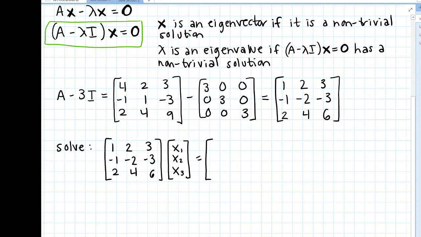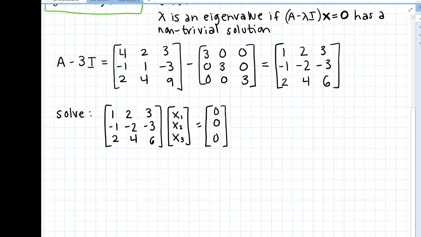And we want to get all zeros. If this has a solution that is not the trivial solution, that means that yes, 3 was an eigenvalue. If we were to find that this only has the trivial solution, that would tell us that 3 was not an eigenvalue. And if we do find our non-trivial solutions, those will be the eigenvectors.